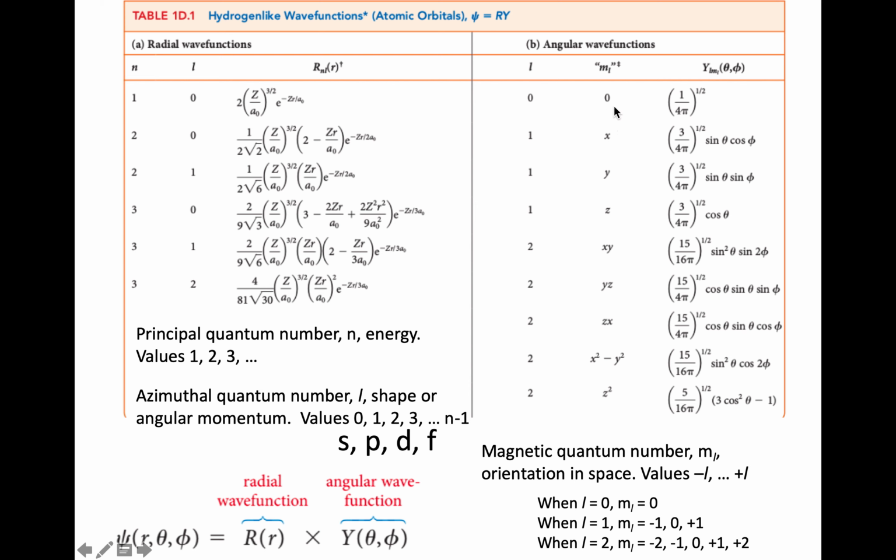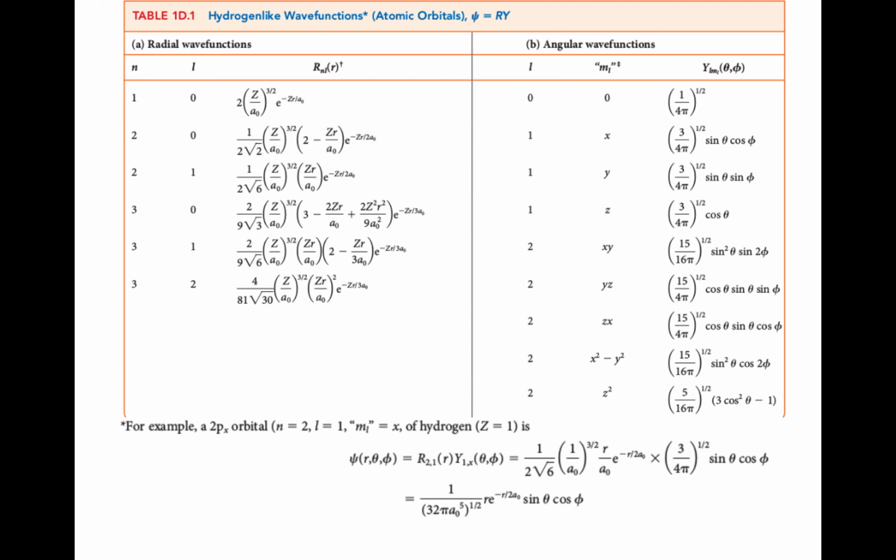Paired with those then is an angular wave function. Depending on the l and m sub l value, we have a corresponding angular wave function that goes with it, and we have allowed values for those. So this would be an example for a 2px orbital. We have two different features. Well, we have n, l, and m sub l values.